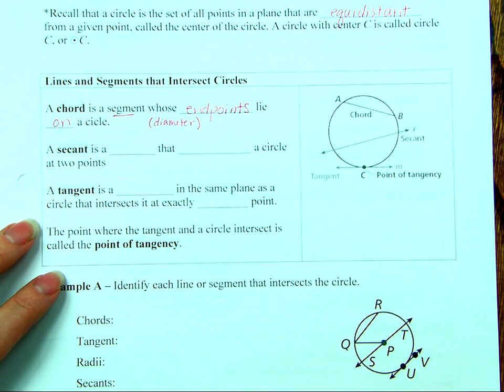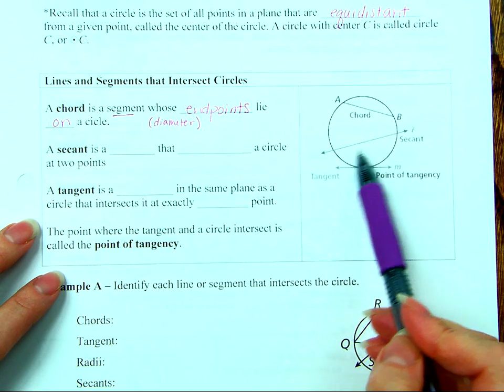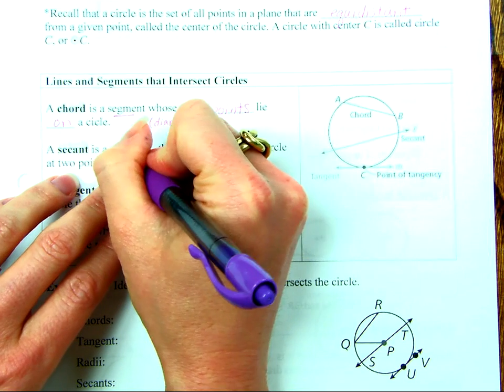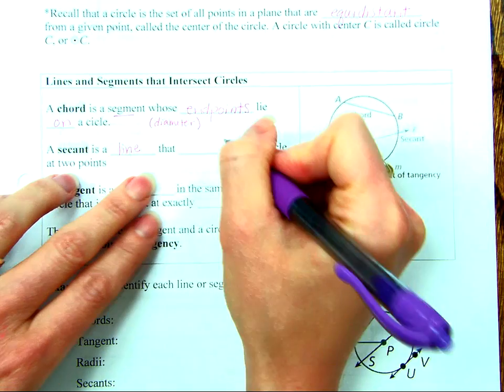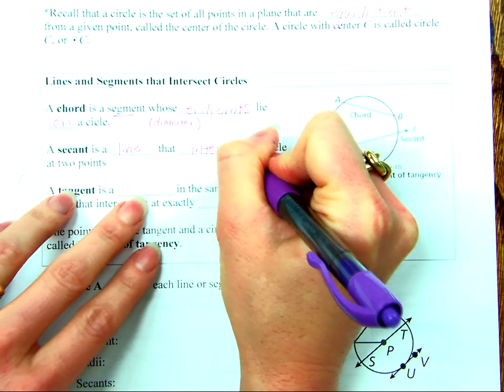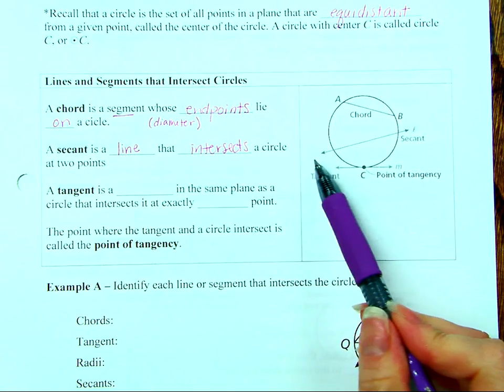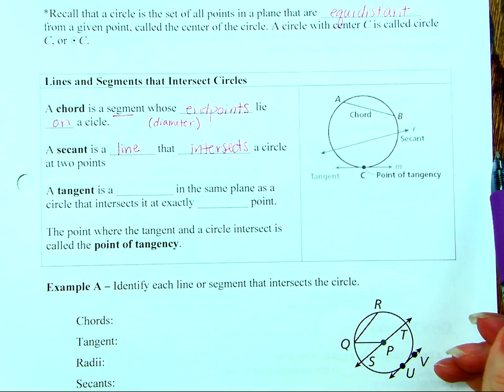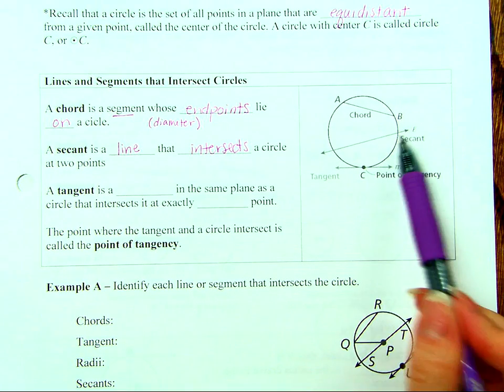A secant, you can look here in my diagram, a secant is a line, so it goes on, and it intersects the circle at 2 points. So my secant is a line that goes all the way through, but it does intersect it in 2 places.